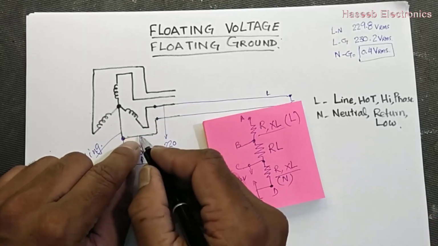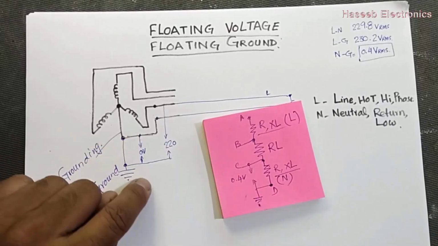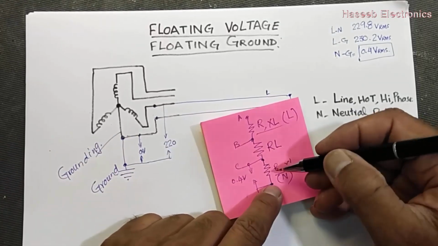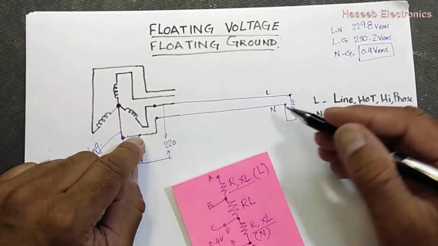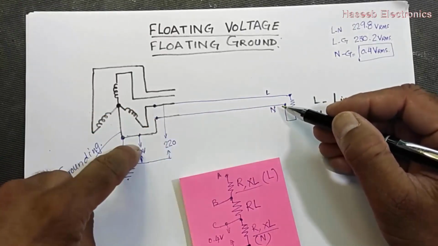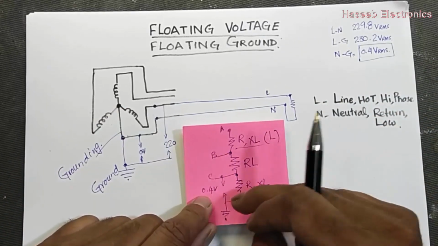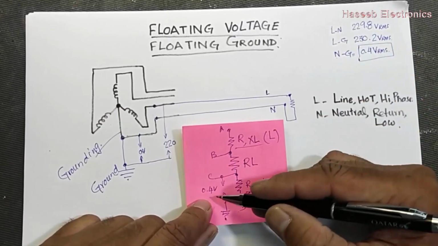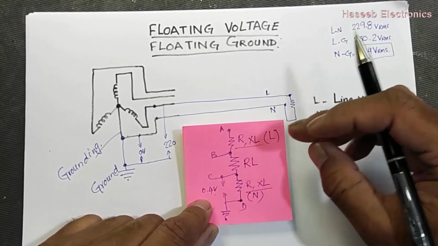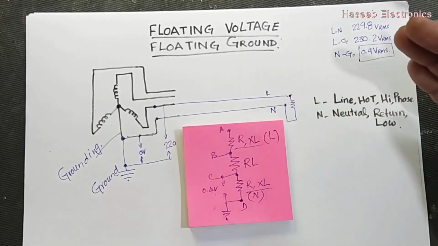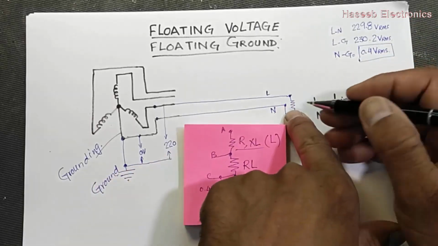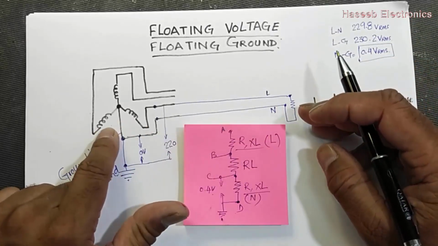Point D is this point, so point D is close to 0, but from this end to this end we have this inductor. So 0.4 volt, why is it a 0.4 volt difference in my condition? Because I have just 300 meters distance from my lab to the power transformer.